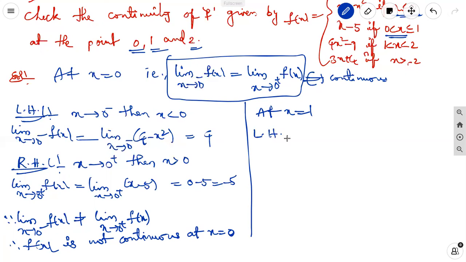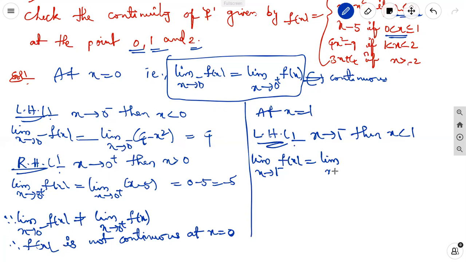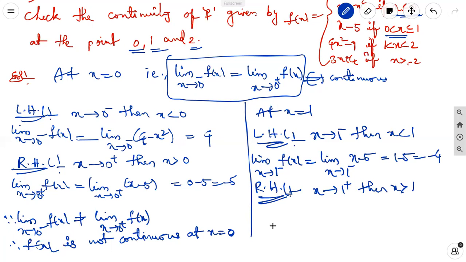Then left hand limit: x tends to 1 minus means we take x less than 1. Limit x tends to 1 minus f of x is equal to limit x tends to 1 minus, x less than 1 is x minus 5. It is equal to 1 minus 5 equal to minus 4. Right hand limit: x tends to 1 plus, then x is greater than 1.